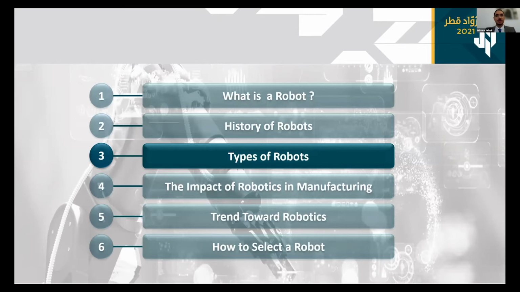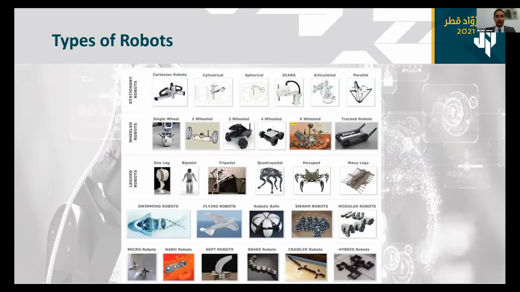Let's move now to the different types of robots. We can categorize robots into three main divisions: stationary robots, wheeled robots, and legged robots.